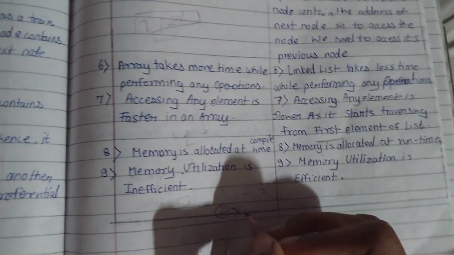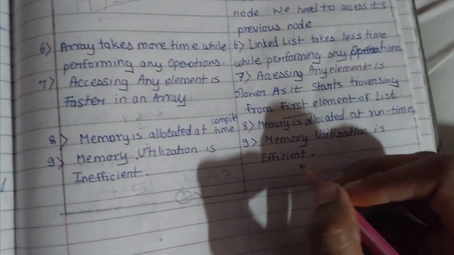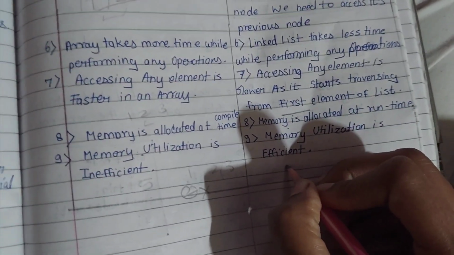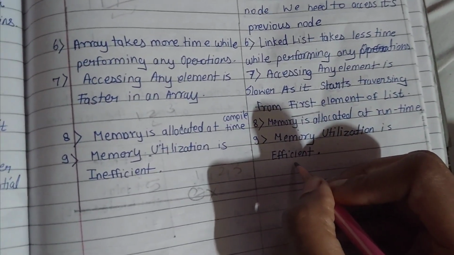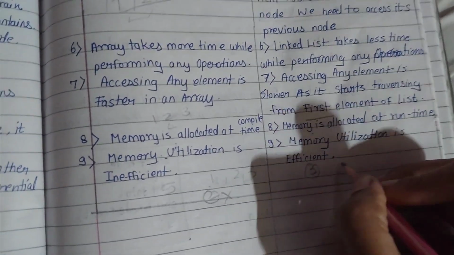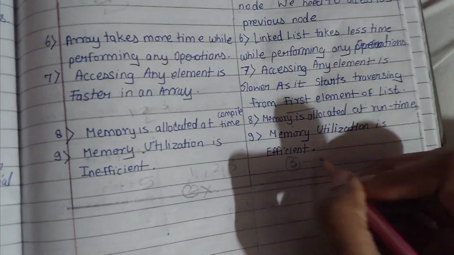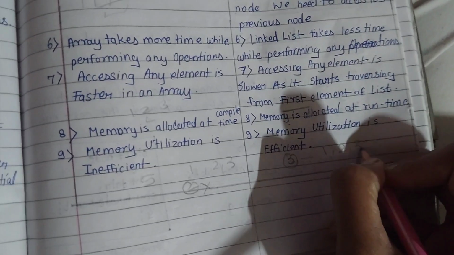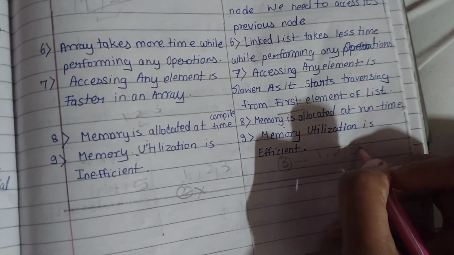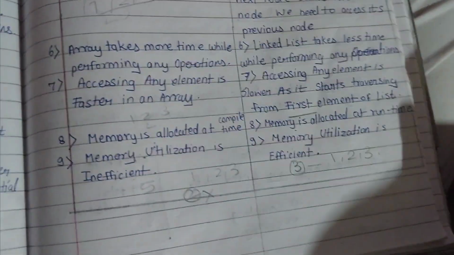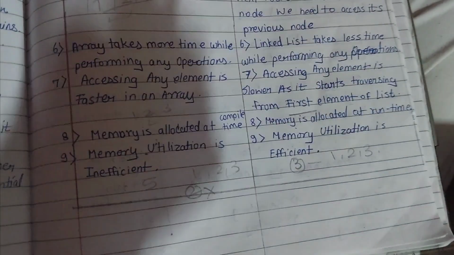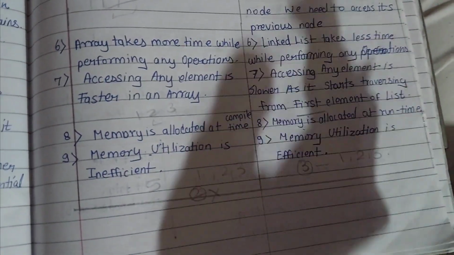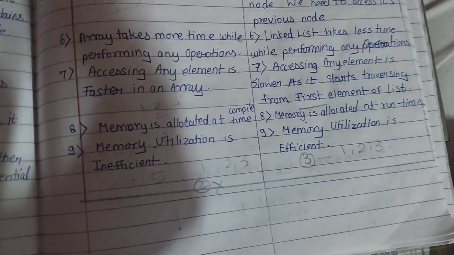But if we use a linked list, it is efficient. If we want three memory spaces to store 3 data values, we can easily store them, and it will utilize only that memory space.